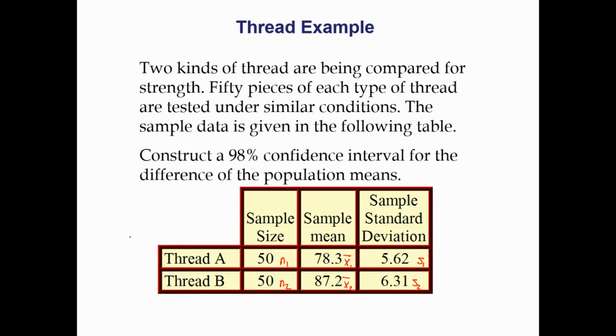Okay, so for V1, let's do the V's over here. For V1, remember it's S1 squared, so 5.62 squared over N1, so over 50. 5.62 squared divided by 50 is what to 3 decimal places?